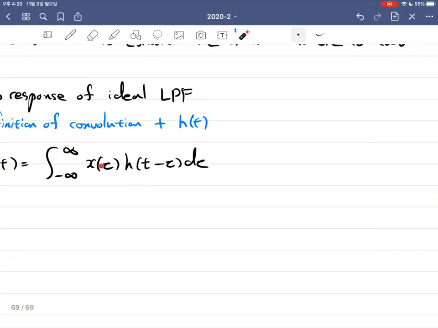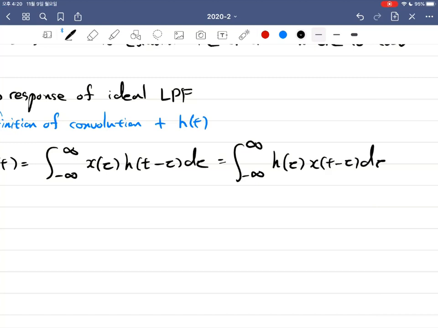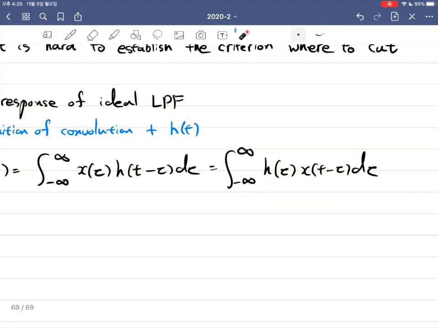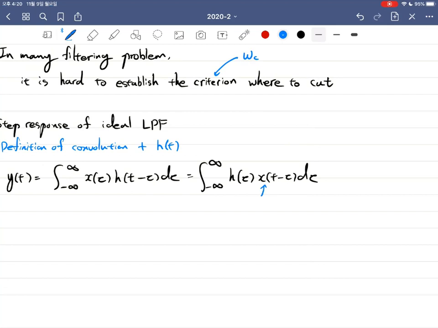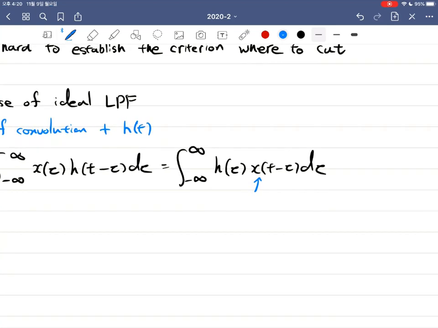But before that, I can modify this dummy variable like this, remember? We can exchange the place of tau and minus tau like this. And so to have this step response, I have to put the input of unit step function.